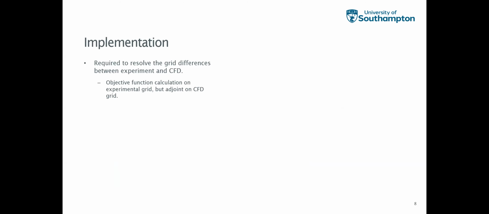That's because we are required to calculate this objective function on the experimental grid so that we don't modify the experimental data, because it has uncertainties, and these uncertainties propagate as you interpolate it onto different grids, for example. And also, experimental data is not always very well resolved. So having to interpolate them onto a RANS grid, you would have to super sample it, which is not really a desirable thing to do.